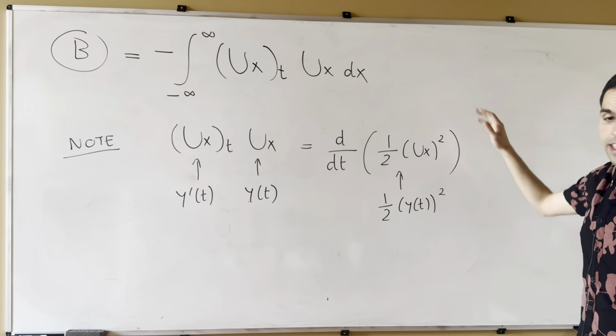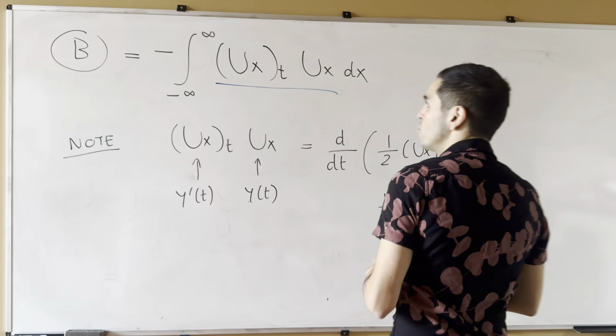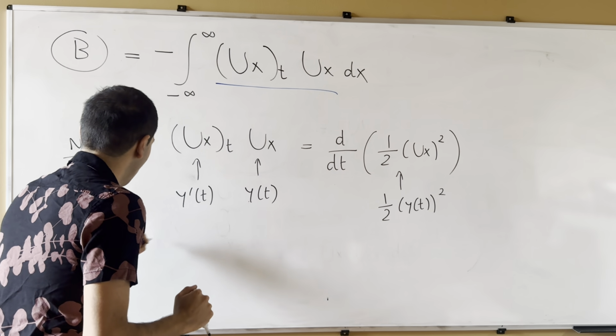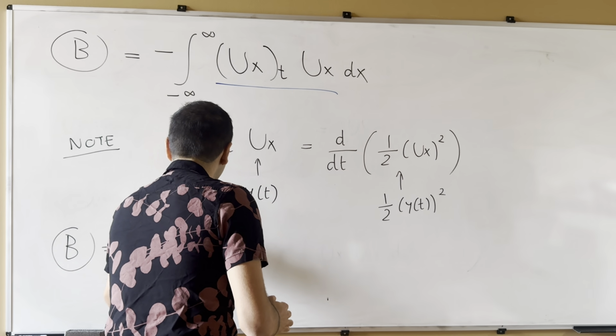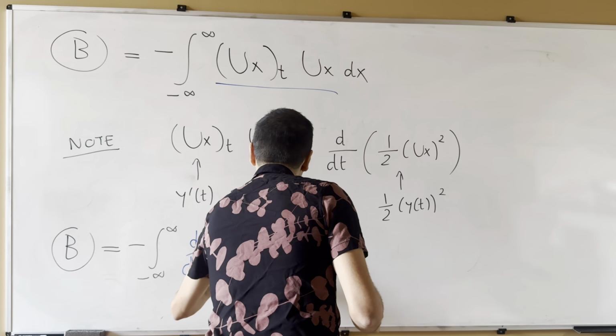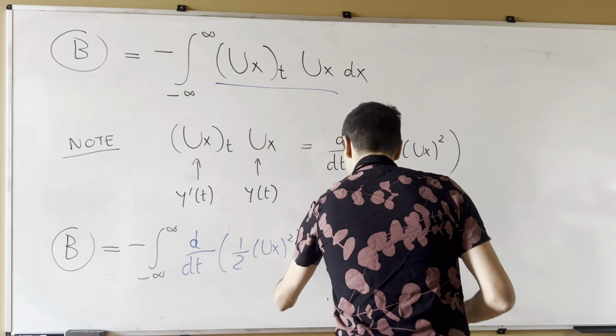And using that, we can now simplify our integral. And so B now becomes minus the integral from minus infinity to infinity of d over dt of 1/2 ux squared dx.